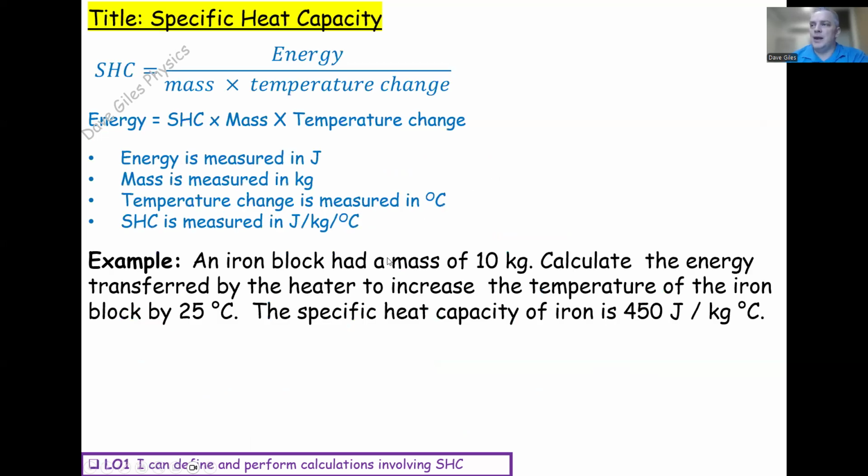So a quick example here. An iron block had a mass of 10 kilograms. Calculate the energy transferred by the heater to increase the temperature of the iron block by 25 degrees Celsius. The specific heat capacity of iron is 450 joules per kilogram per degree Celsius.